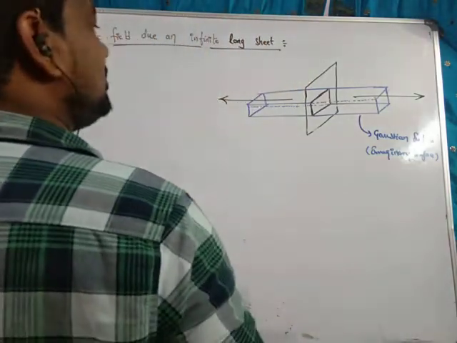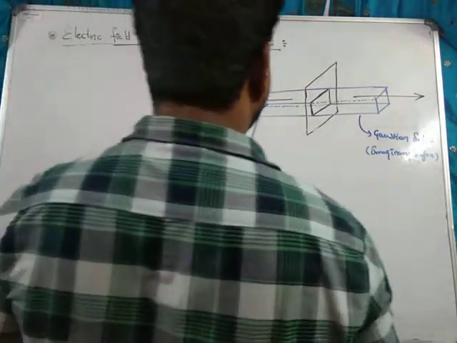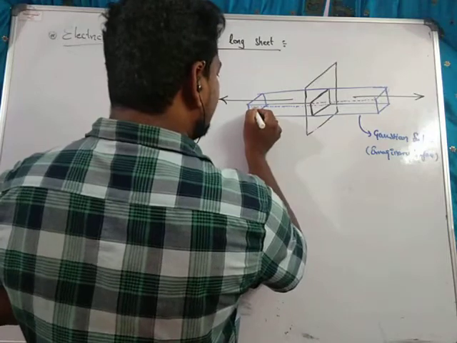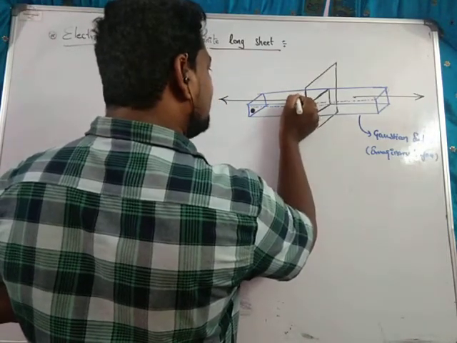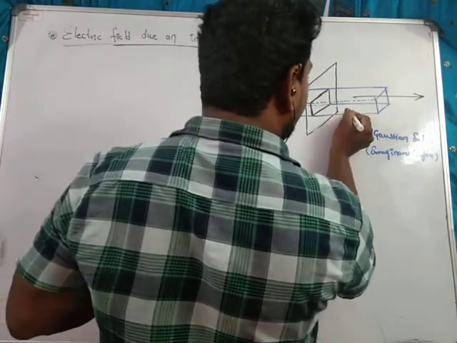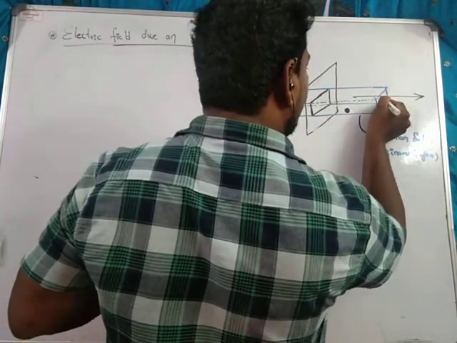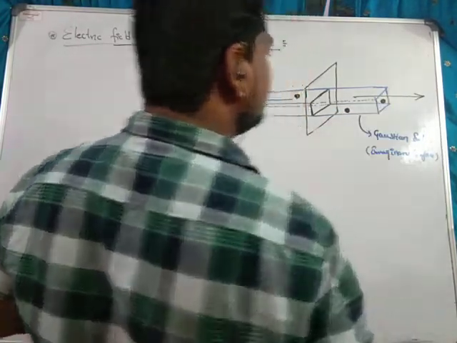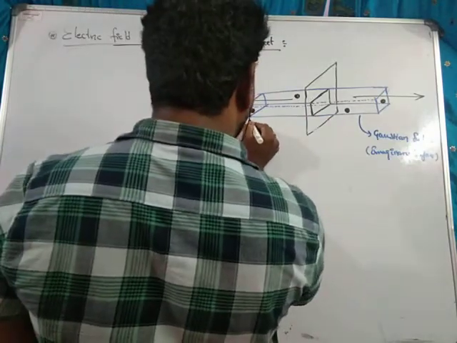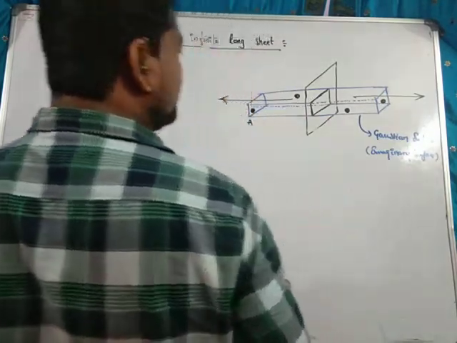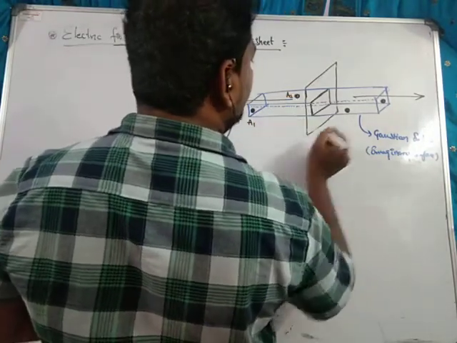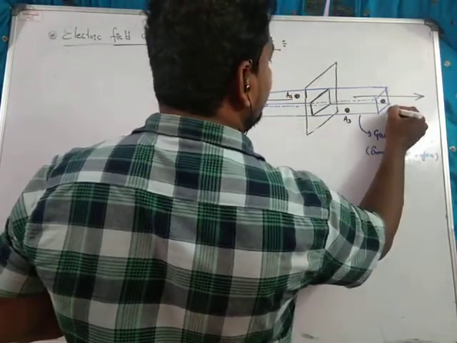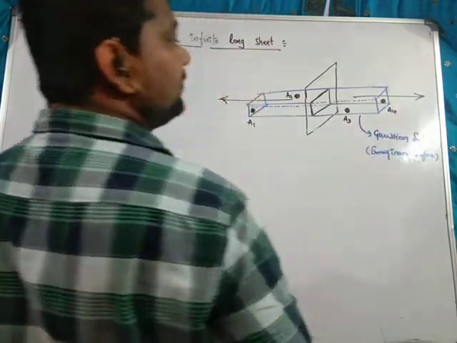To define the Gaussian surface, here we are considering surfaces at the edge, at the top, at the bottom, and on the other side. This will be area 1, with length into breadth. Area 1, area 2, area 3 and area 4.